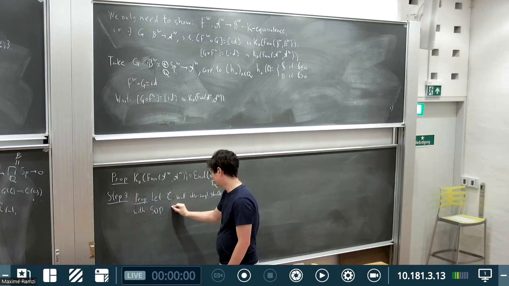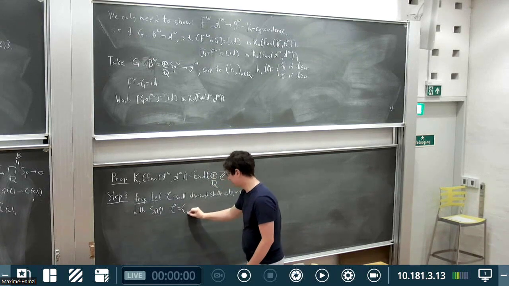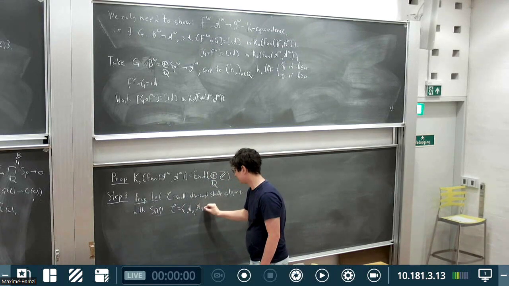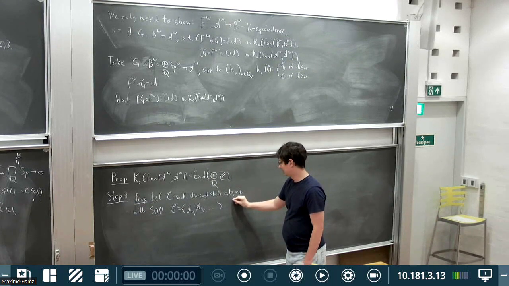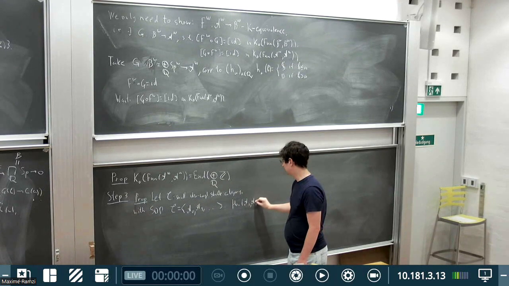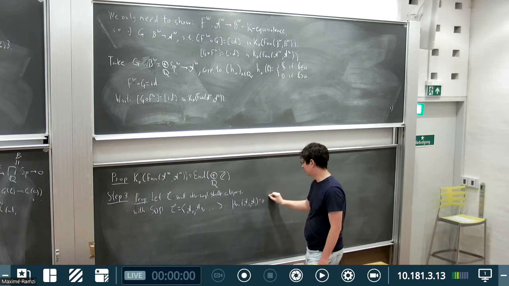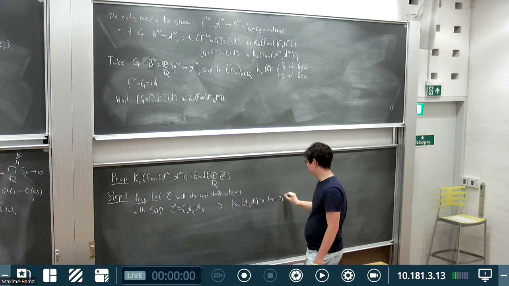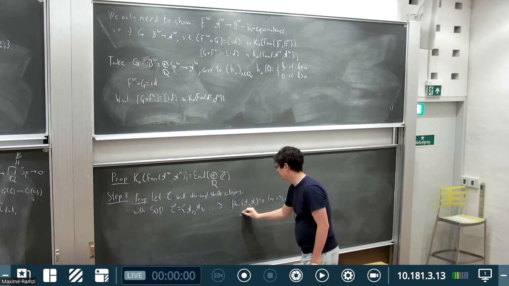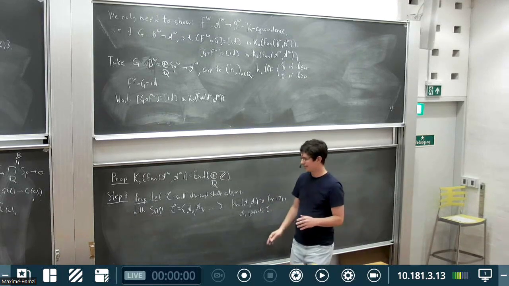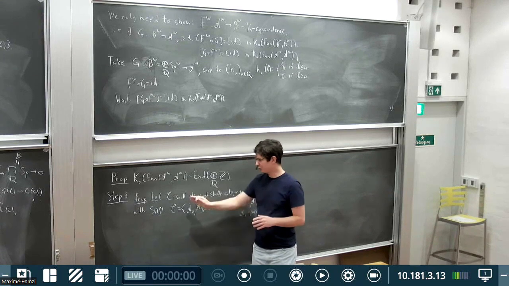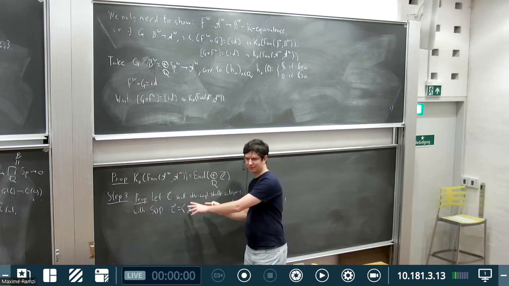So C decomposes into A0, A1, and so on, which means that there are no Homs from A_i to A_j for i greater than j, and these subcategories A_i generate C as a stable subcategory. So roughly speaking, there are no Homs from right to left, and each object has a finite filtration whose subquotients lie in these.